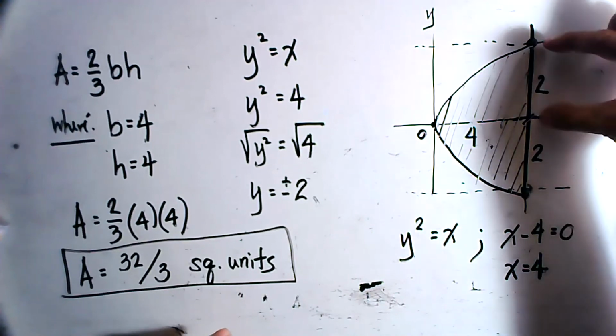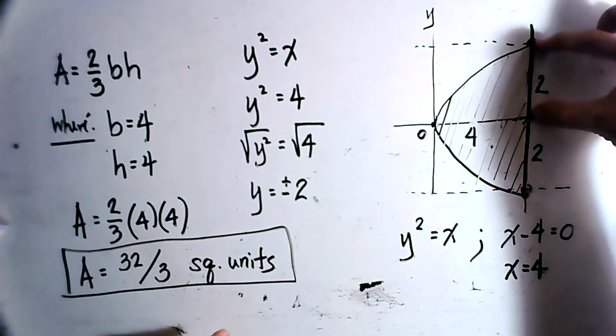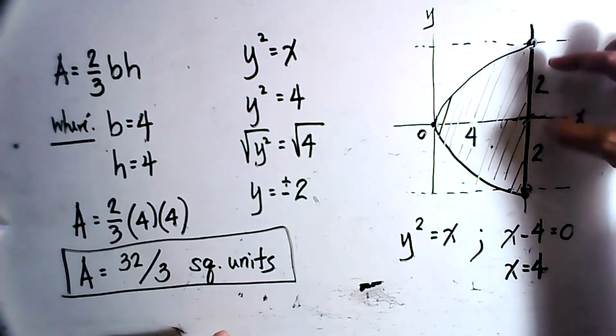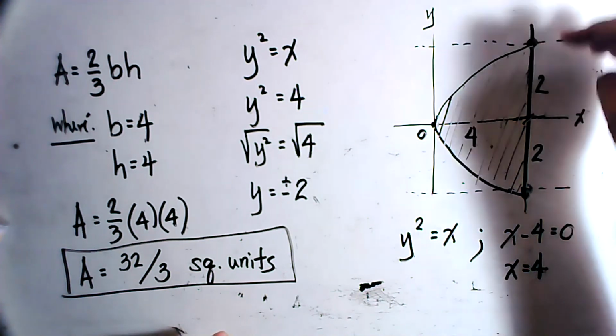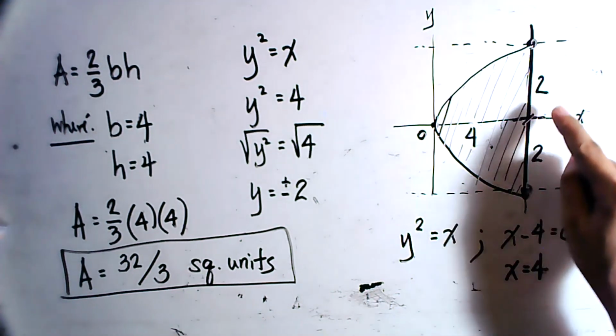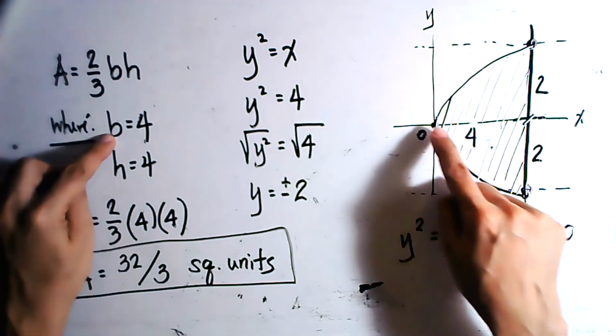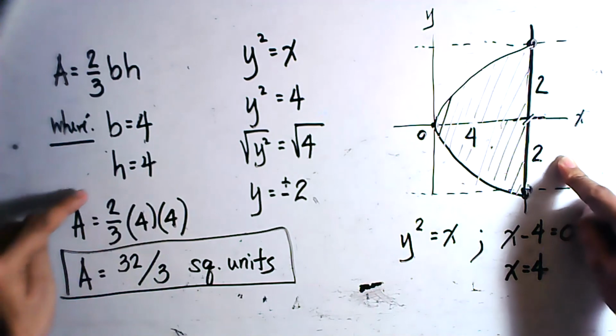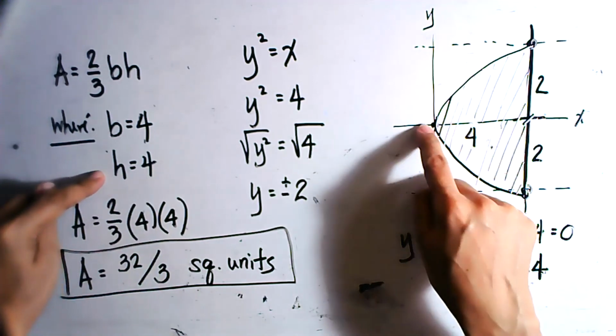So that means you can have here the curve drawn at 2 units above x and 2 units below x. So the value of base here is 2 plus 2. That's why you have 4. And then the value of h here is 4.